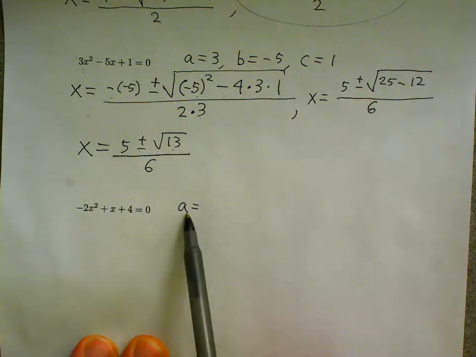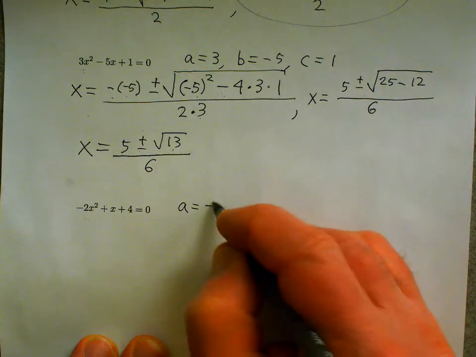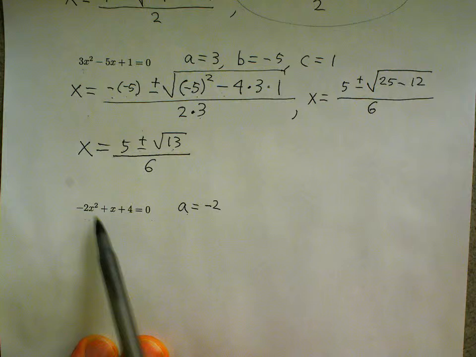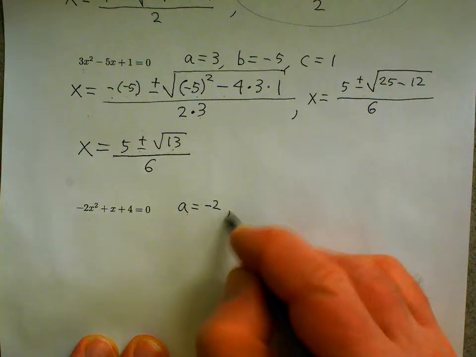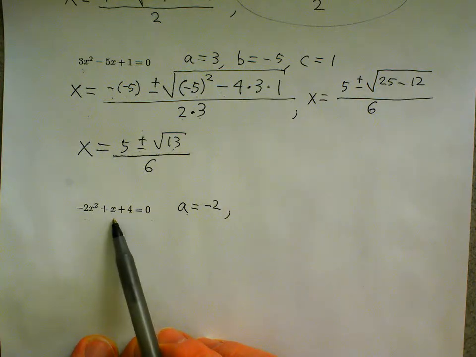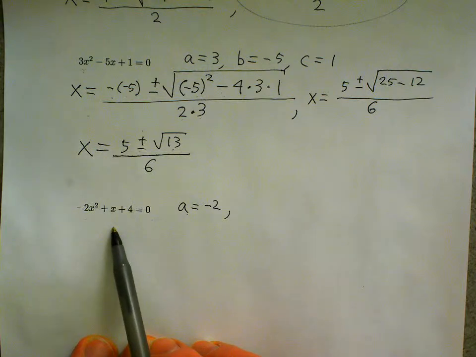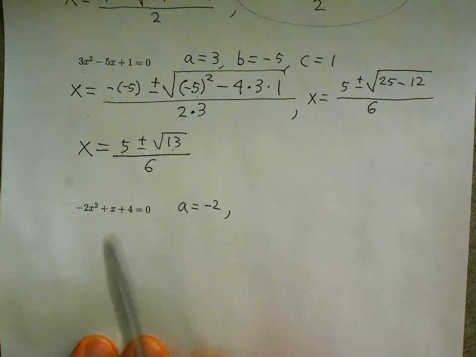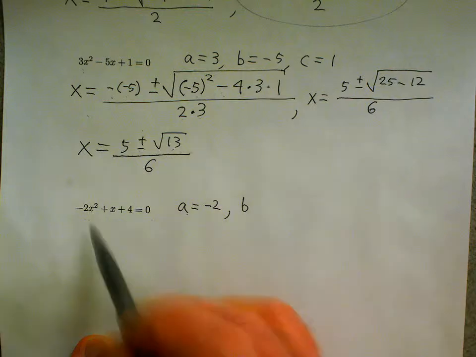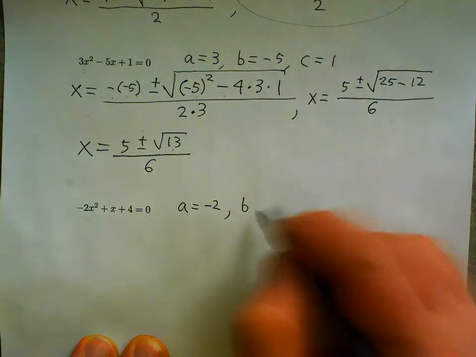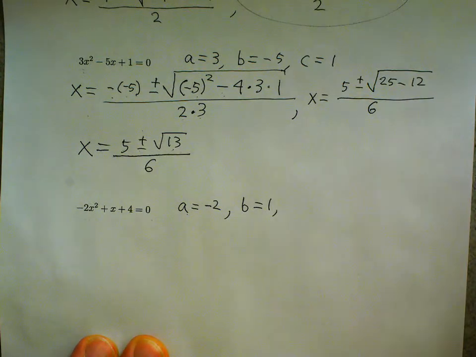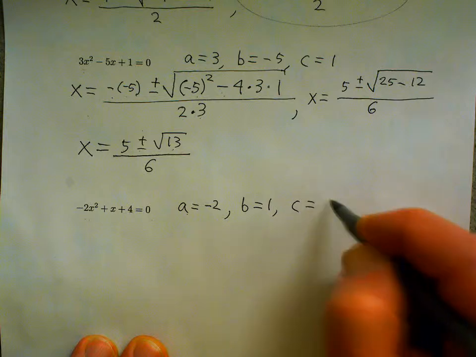So the number a is negative 2. A is the coefficient of x squared. What is b in this case? 1. Yeah, b is 1. Plus x is the same as plus 1x. So b is 1. And the constant c is 4.